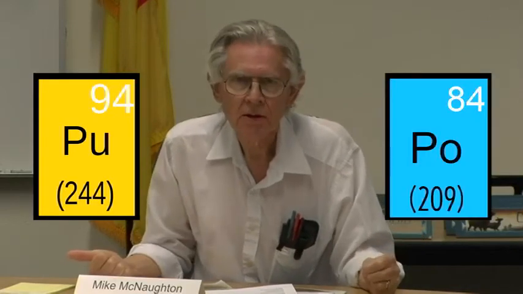Now, I want to take this opportunity to point out that there are two words there that sound alike, and I want to clarify that. So I said plutonium and polonium. Polonium is a natural radioactive material that was so named by Marie Curie. Marie Curie named it polonium after her native land, Poland.